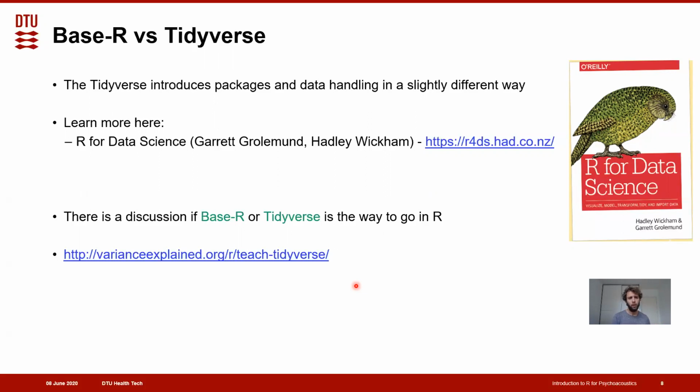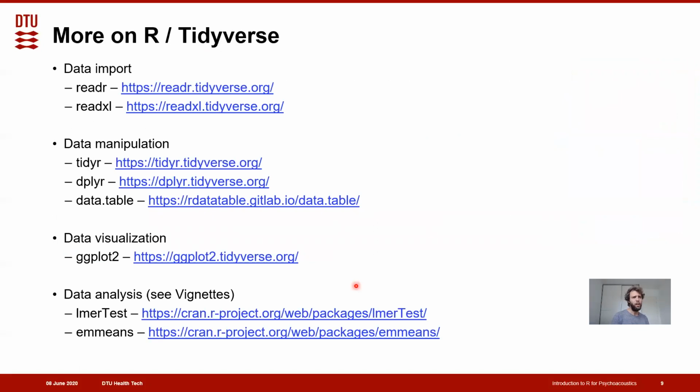For this example now, I mainly use packages from the Tidyverse, which I find work very well with my workflow. A little bit more on R and the Tidyverse. What we will use today is a package called readr, which is part of the Tidyverse, that we can use to actually read the data from a CSV file.